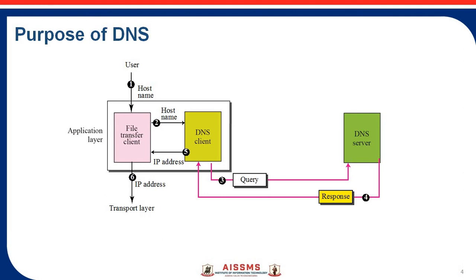Step number 4, the DNS server responds the IP address of desired file transfer server. Step number 5, the DNS client passes the IP address to the file transfer server. Step number 6, the file transfer client now uses the received IP address to access the file transfer server.